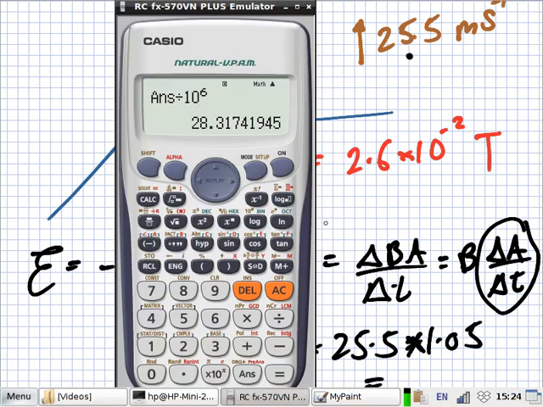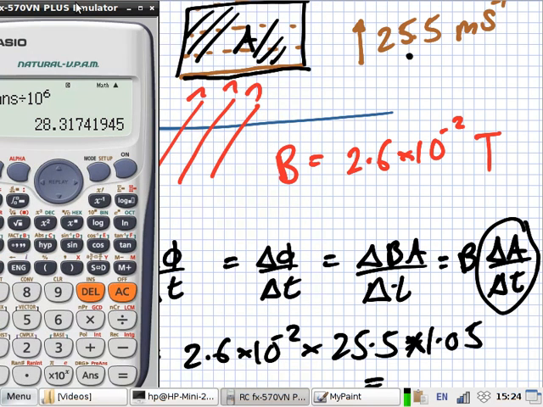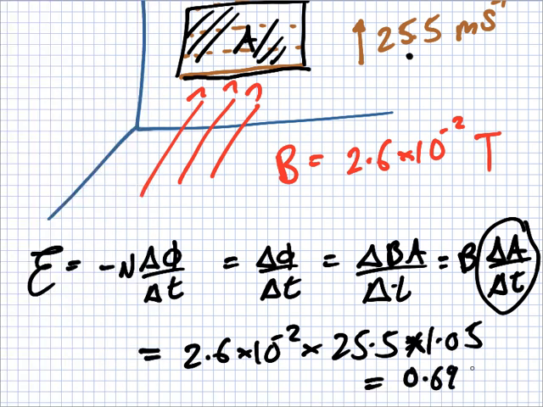Well, let me double check, because I know they do it a different way in the book. 0.696? Yeah, but that's what you do in class. And actually, that's a new formula.